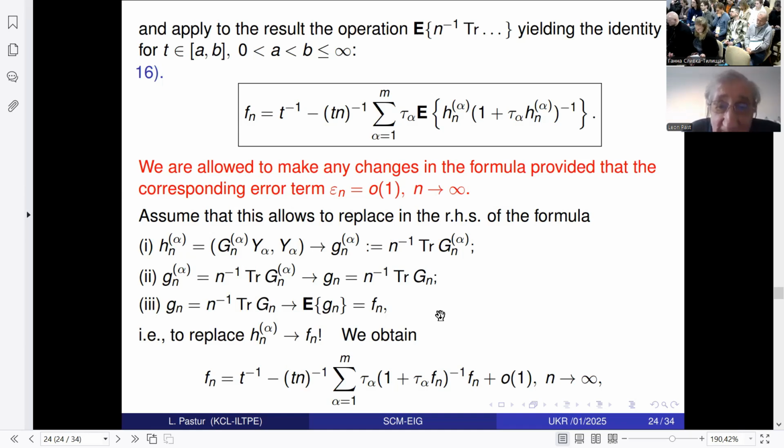If we will be able to prove these three asymptotic replacements, 1, 2, 3, then the theorem will be proved. I'll stop here, provided that maybe there are questions.